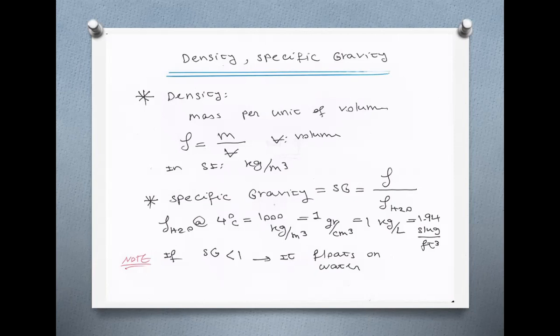Now we want to talk about specific gravity. SG stands for specific gravity. That is the density of the fluid divided by the density of water at a specific temperature, which is 4 degrees centigrade, and that is 1,000 kilogram per meter cubed, or 1 gram per centimeter cubed.